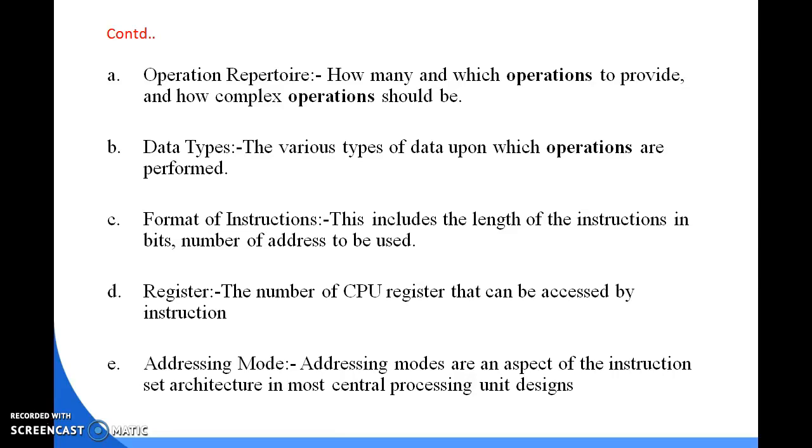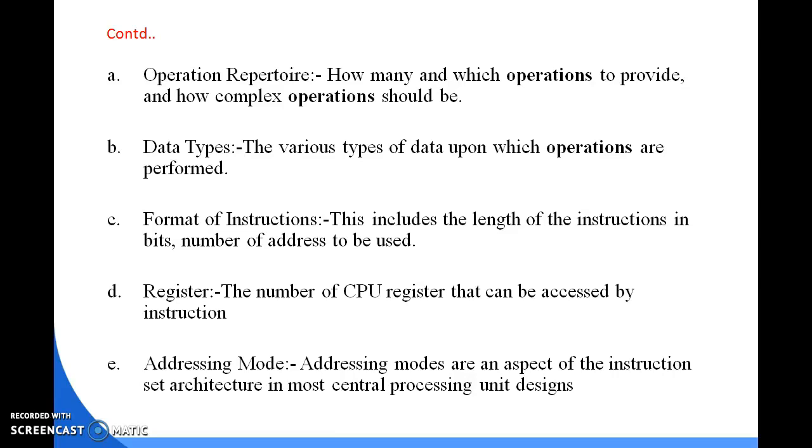Next is the register. A number of registers are used within the CPU. It may be a general purpose register, maybe the accumulator. All these registers are used in the processes. Next, an important thing is the addressing mode.